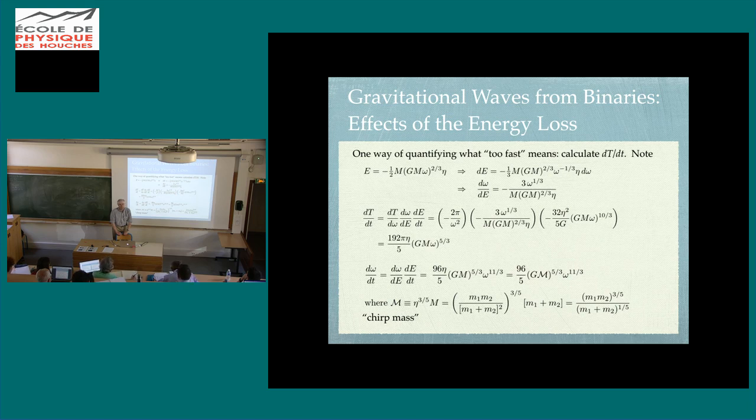So if you have a source at a certain frequency, you can connect this chirp mass of the source to the rate of change of that frequency. The more mass you have, the more chirp mass you have, the faster the frequency is going to change.